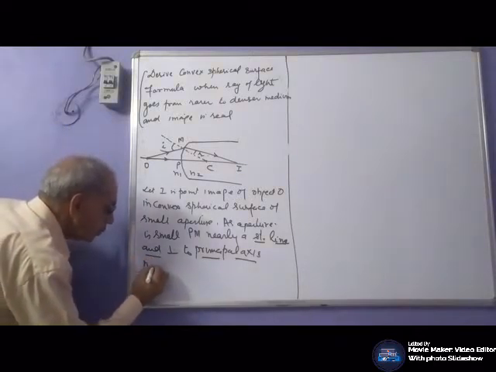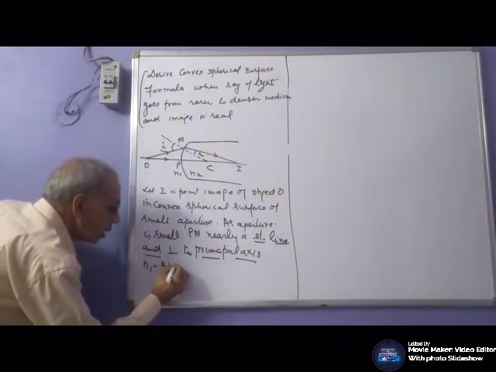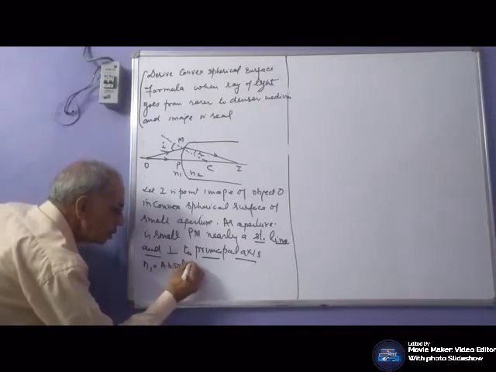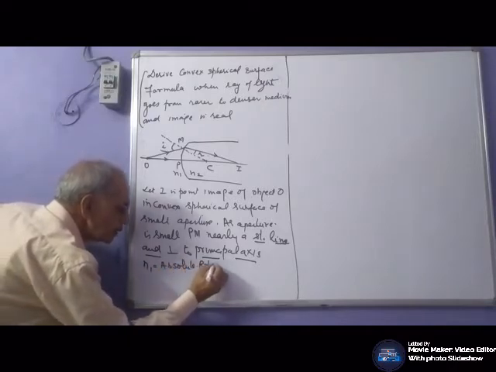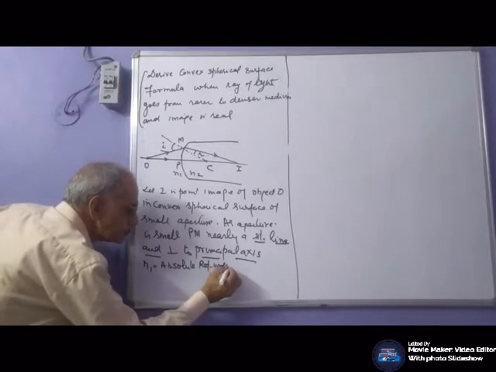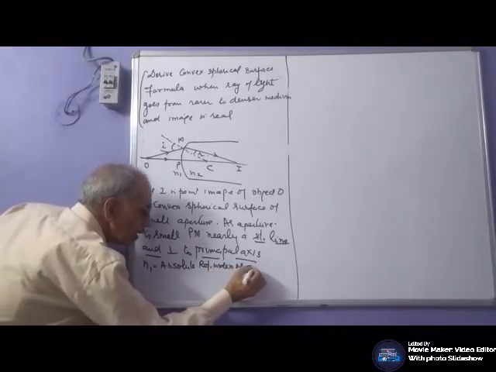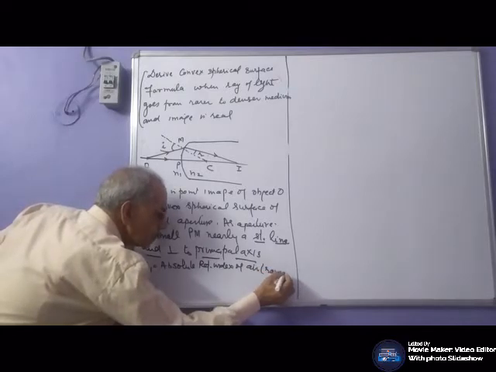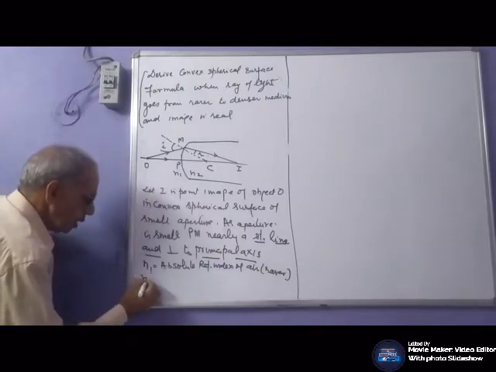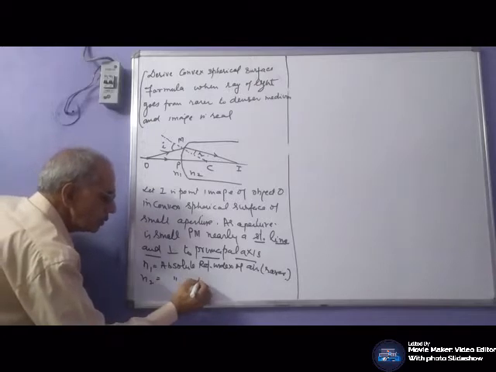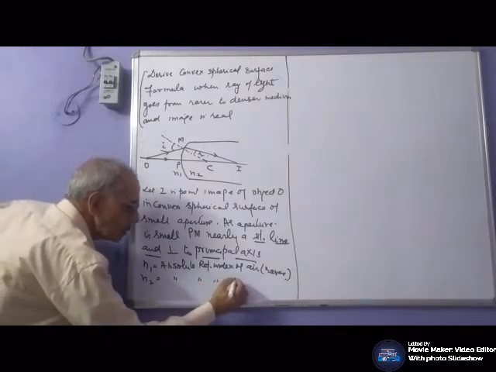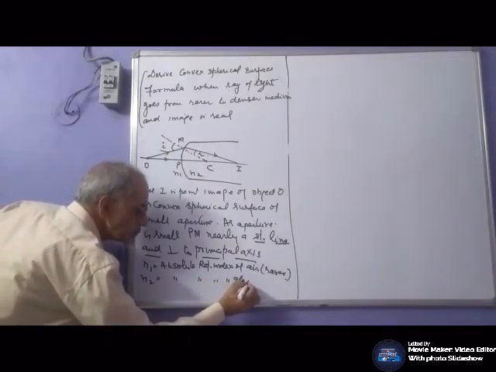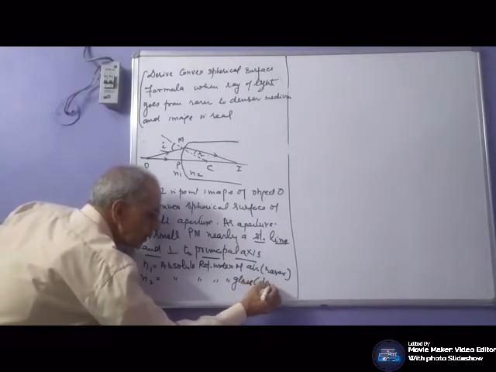N1 is the absolute refractive index of air, the rarer medium, and N2 the absolute refractive index of glass, the denser medium.